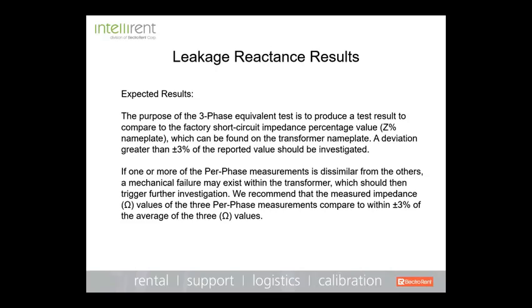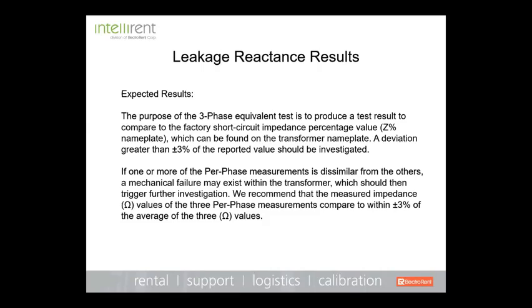Okay, so what are our expected results? Well, as I said before, the purpose of the 3-phase equivalent test is to produce test results to compare with the factory settings. And again, your impedance should be plus or minus 3%. Now, on a per phase test, you want to make sure that each one of those 3 phases that you're doing are all within 3% of each other.